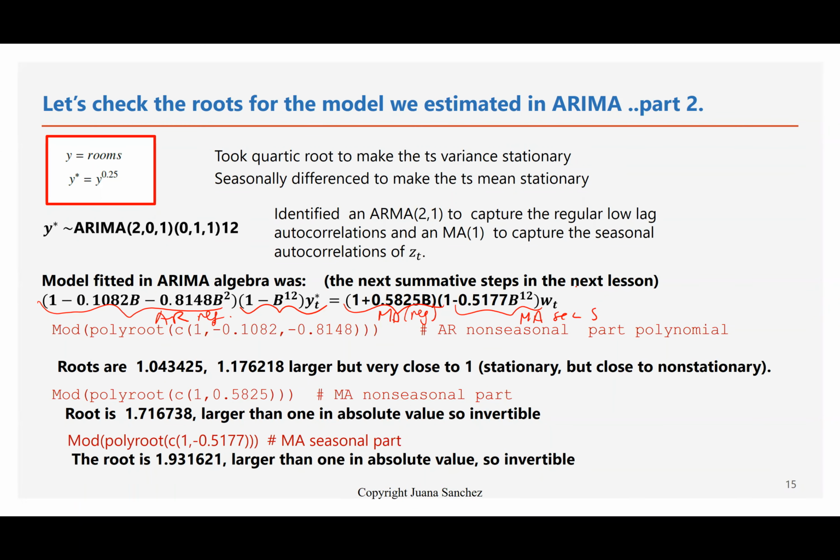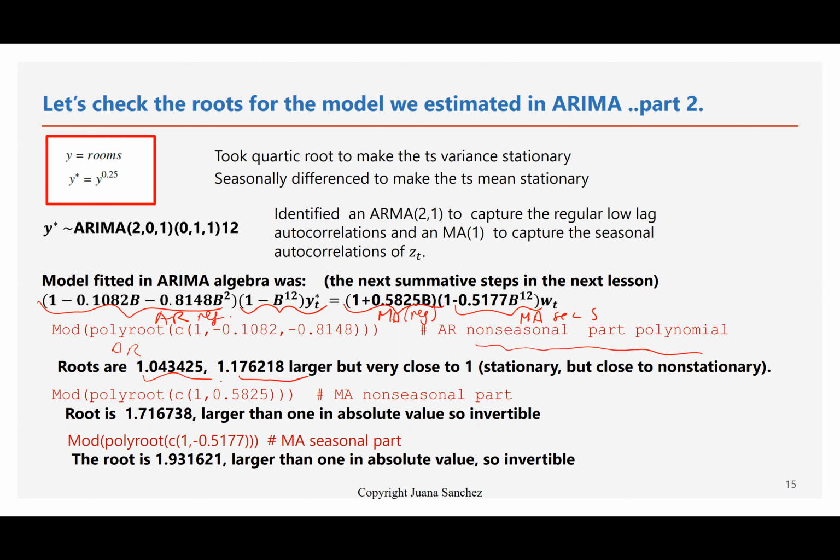And we look at each polynomial separately. So we look at the modulus of polyroot for the AR non-seasonal part polynomial, and we find the roots are very close to 1, but they're larger than 1. So we say that the AR model is stationary. Now we check the invertibility of the MA terms.